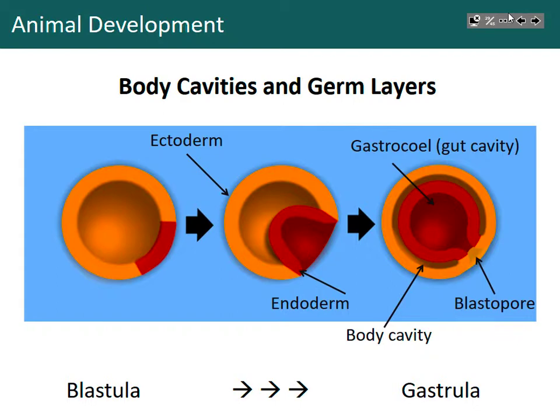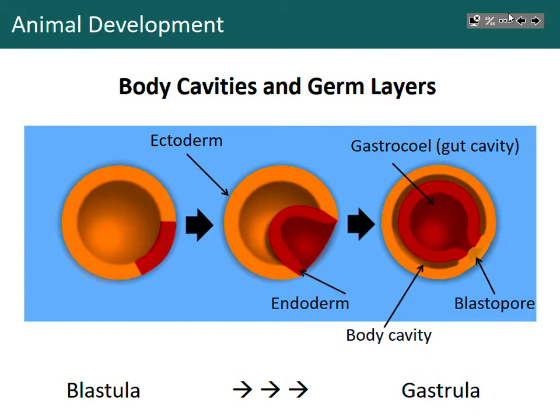That opening was created by the folding in of this endoderm. It's called the blastopore. And the space between these two layers is ultimately going to become what we call a body cavity, a space in the body, right? All animals start this way. You too were once a little blastula, right?